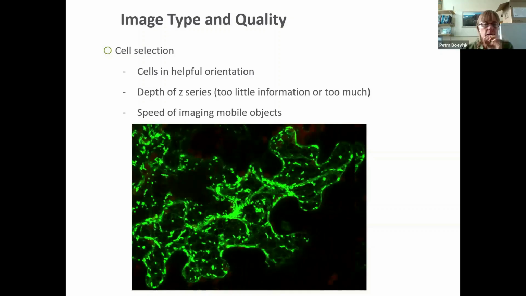If I take only the top half of the cell and image that, sure, we've still got hundreds of mitochondria, we can't really escape those, and they move. That's also a bit of a problem. We could have imaged at a much higher speed to try and capture the Z series before the mitochondria moved too far. They move very fast, so that would have helped a bit, but not completely.